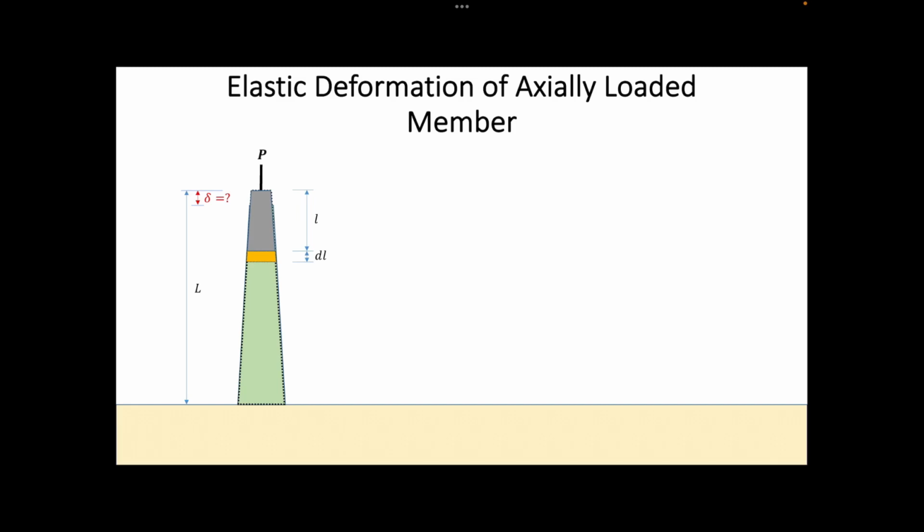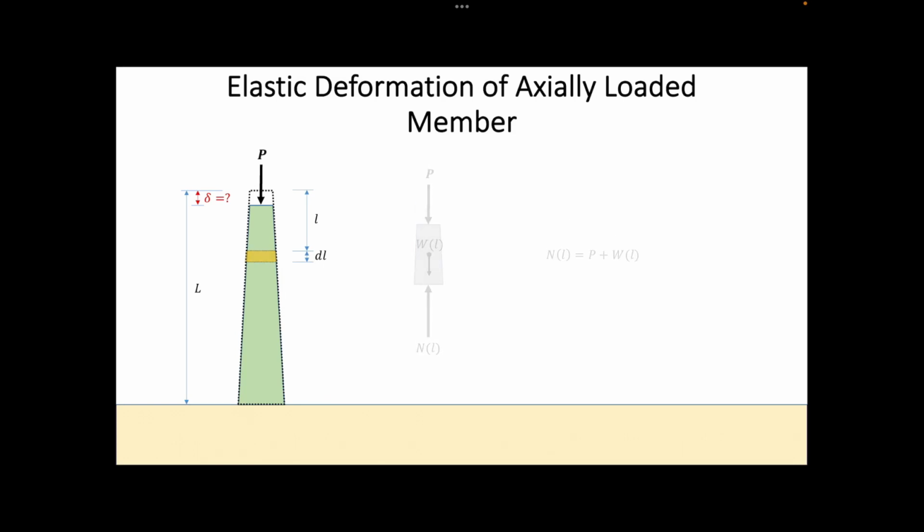For that, let us draw the free body diagram of the top portion. From the free body diagram, we can find the normal force N(l) based on the equilibrium of forces in the vertical direction.